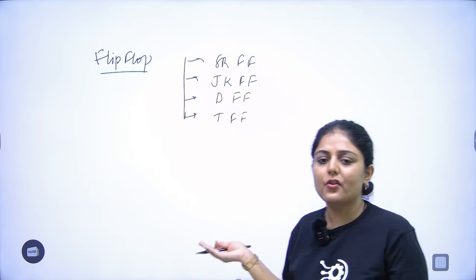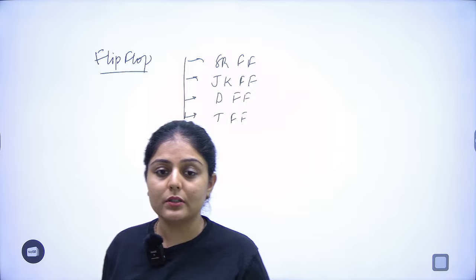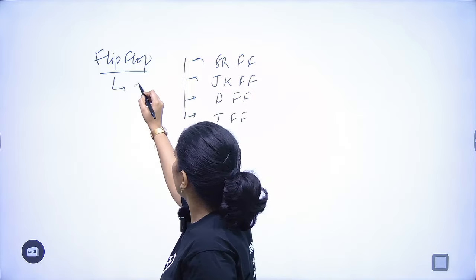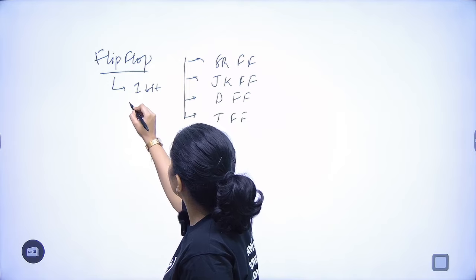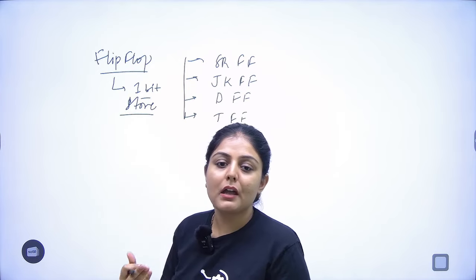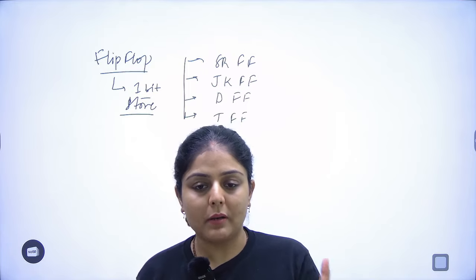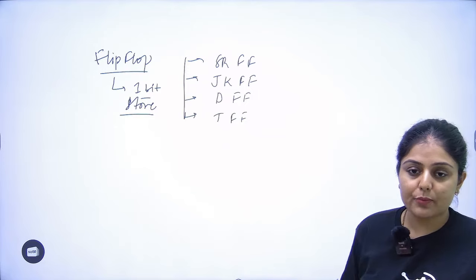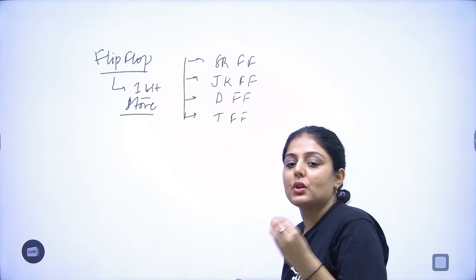We learn about their truth tables, their excitation tables, and many other things. Basically, flip-flops are one-bit storing elements. They store one bit in them, right? And when we combine these flip-flops together, we get a sequential circuit.